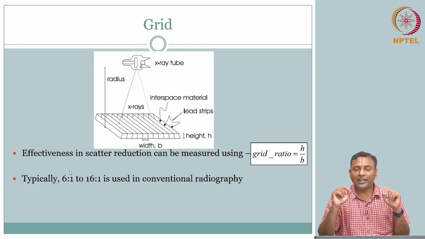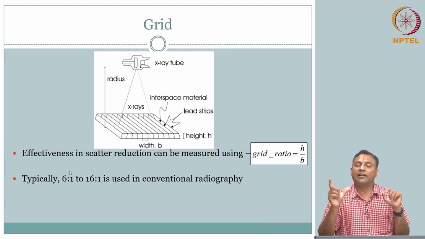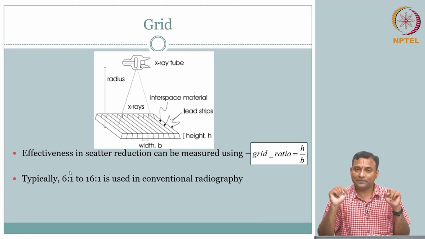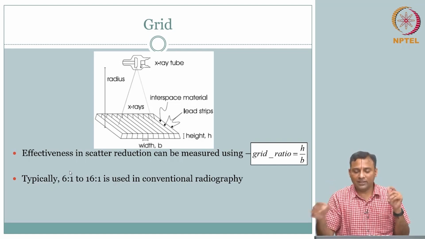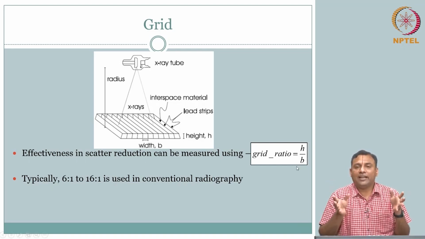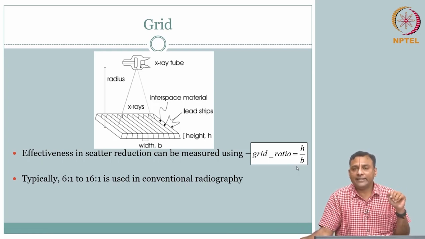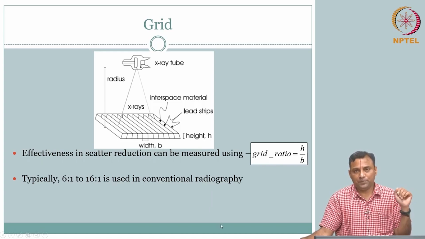Some 26.4 degrees, if it was hit, you still consider it a straight line path. Go recall that example that we did. So in some sense your grid ratio tries to adjust for that angle. So you can be very tolerant or less tolerant of the Compton scattering depending on this ratio. Clear? So this is fine.